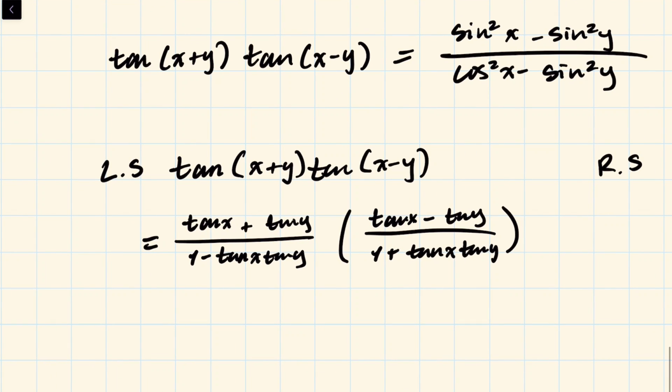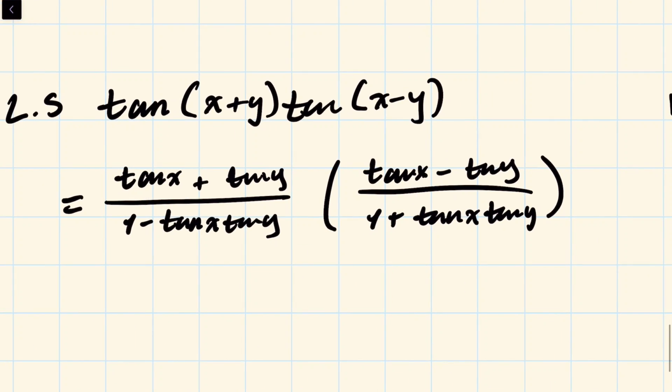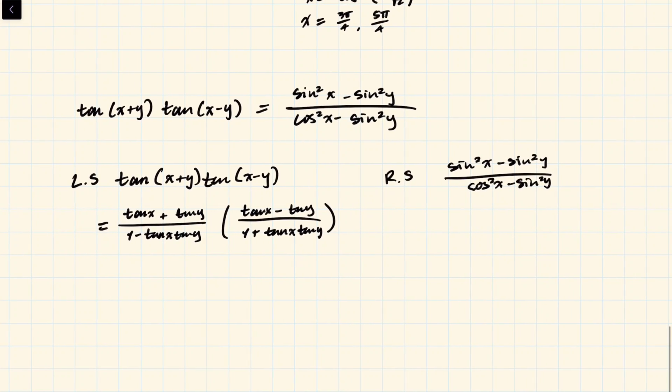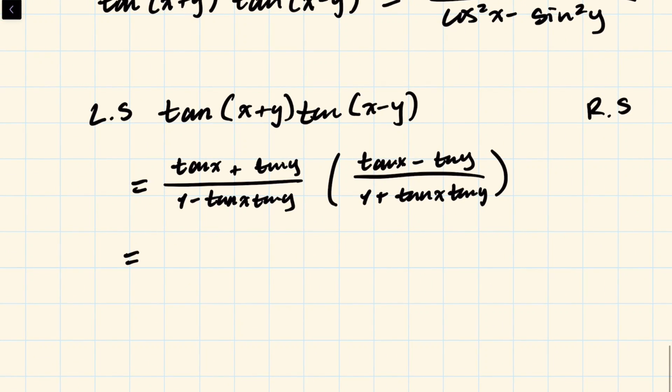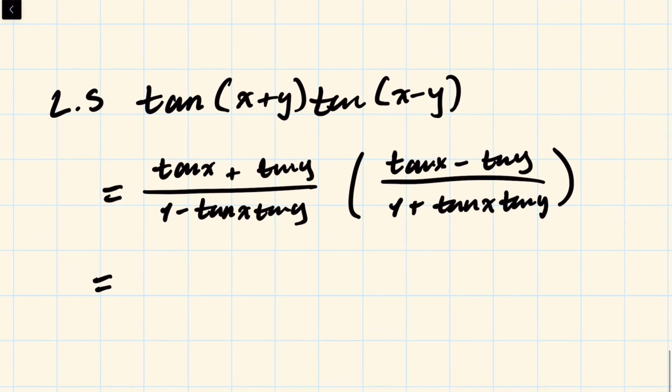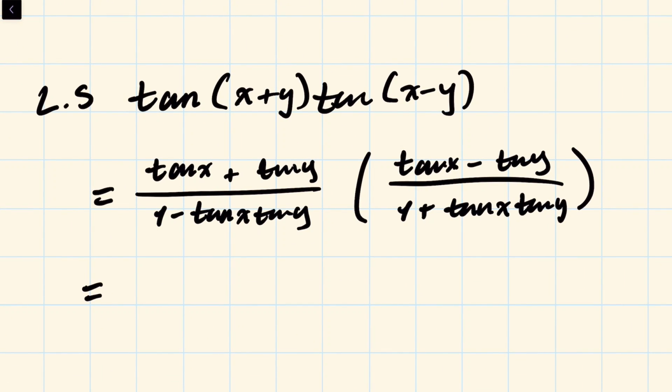You'll most likely be given the formulas for these on an assessment or something. But that's how you do that. And so let's just put this all in one fraction here.